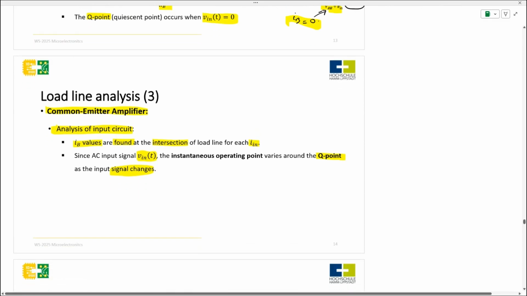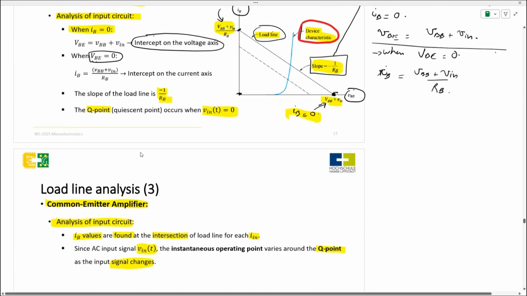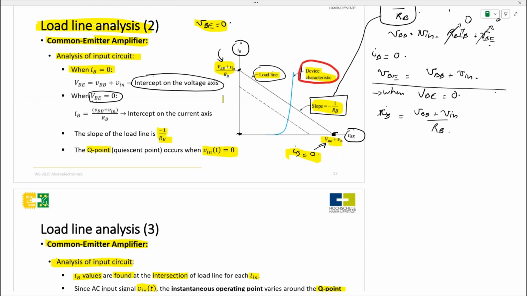So your VBE values will be found at the intersection of the load line for each Vin. For now we don't have the Vin, so we don't see it, but we know that it is the intersection.